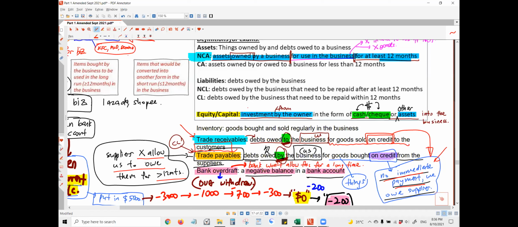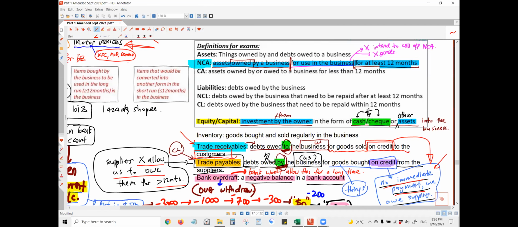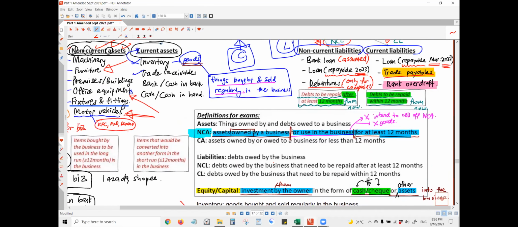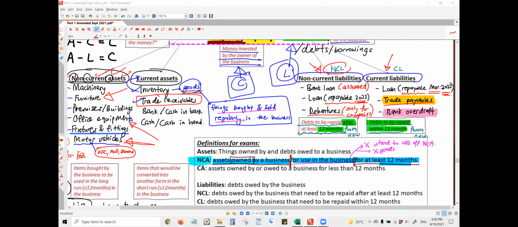And the next thing to know is why trade receivables are current assets. Remember we talked about trade payables last week. Why are trade payables current liability? Because suppliers would not let us owe them for more than 12 months. So that's why it's a current liability.